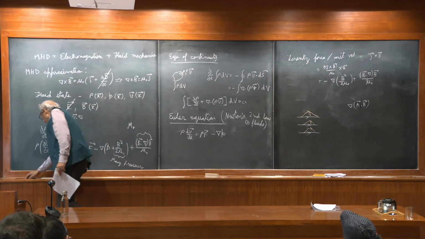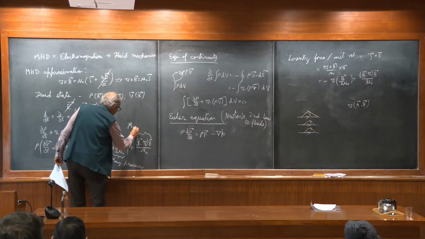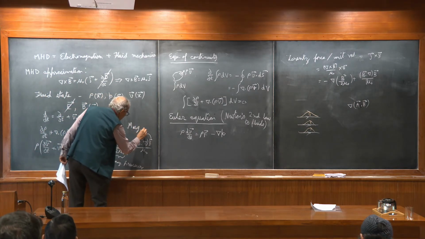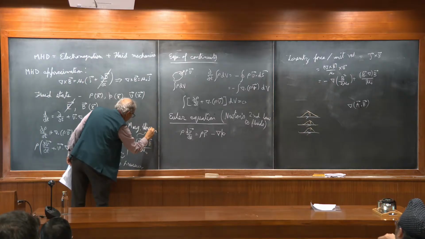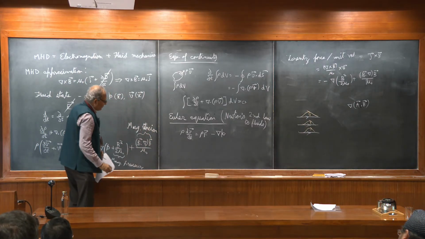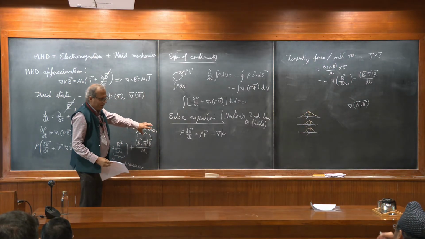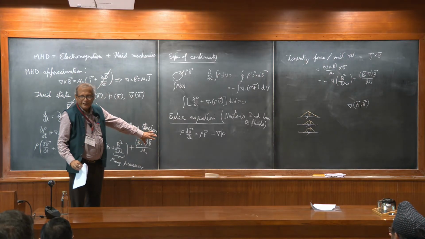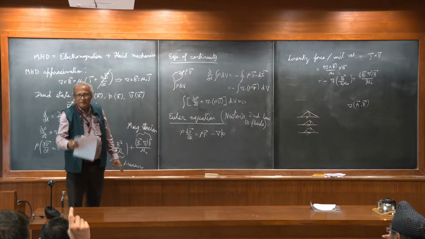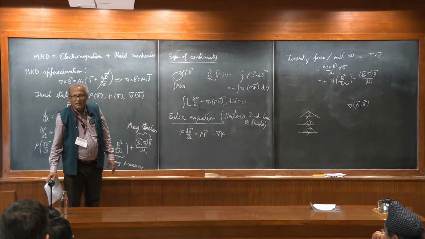In the first class, I already discussed some situations in which magnetic pressure and magnetic tension play an important role. Do some of you remember when in the first class we discussed the importance of magnetic tension? Anyone remembers? Can you say that mu naught is an adiabatic invariant?